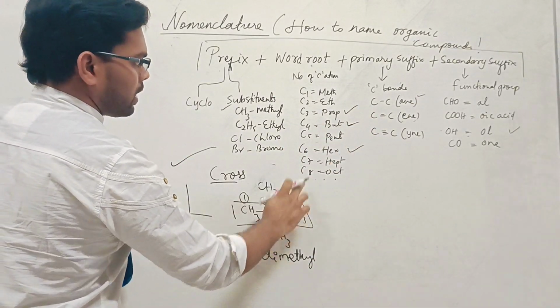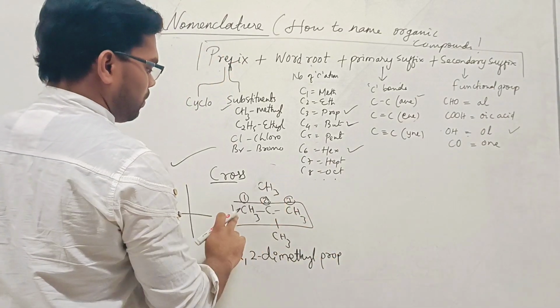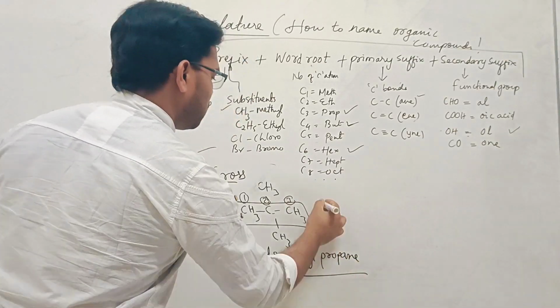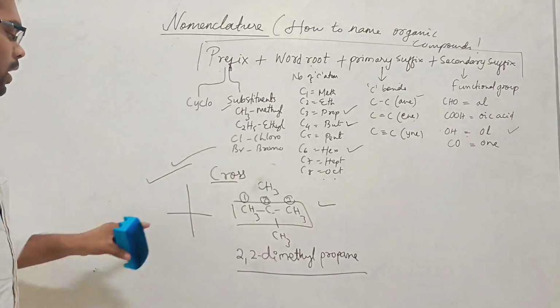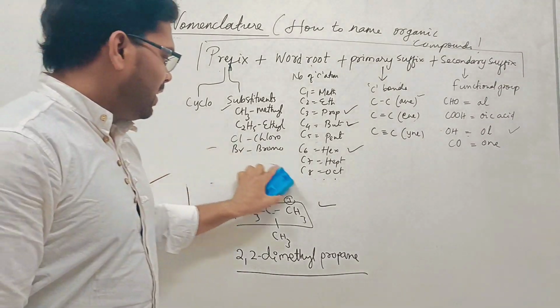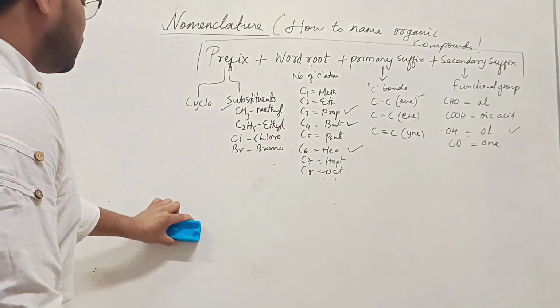Prop, because 3 carbons are there. After that, this carbon actually single bonded, so ane. 2,2-dimethylpropane. So this name is 2,2-dimethylpropane. Alright. So this is the skeletal structure also you can name it.